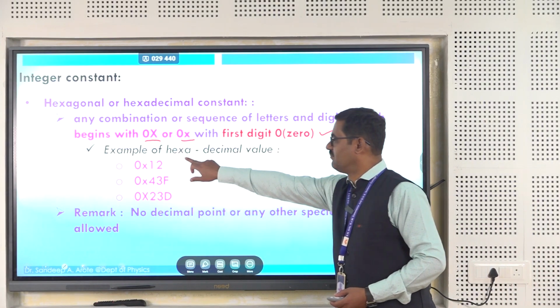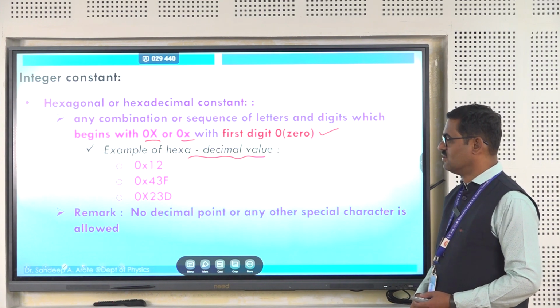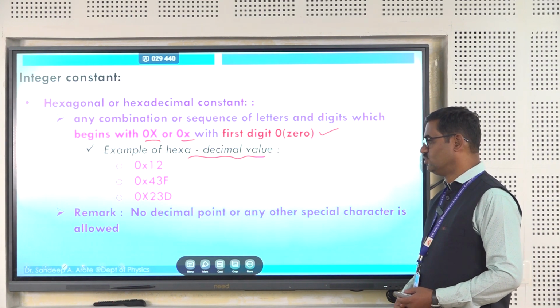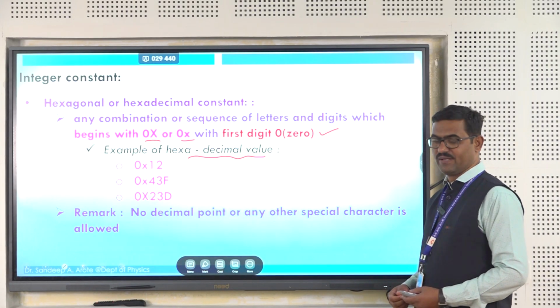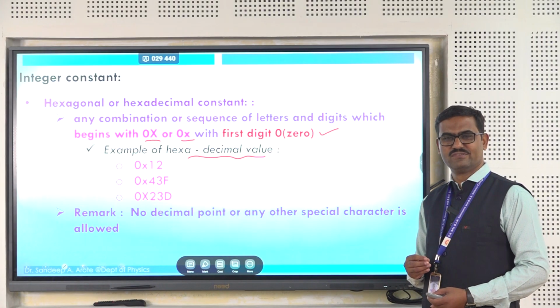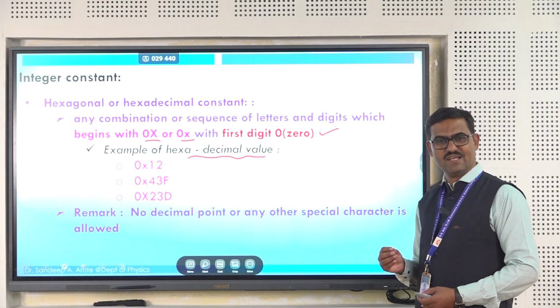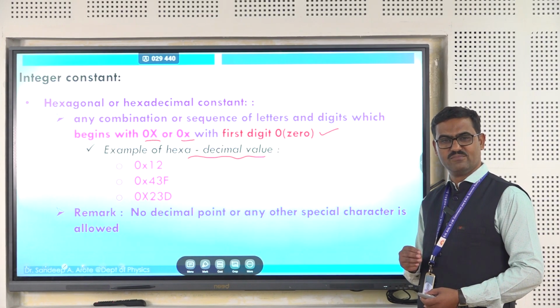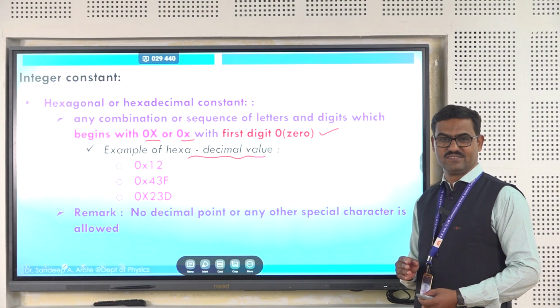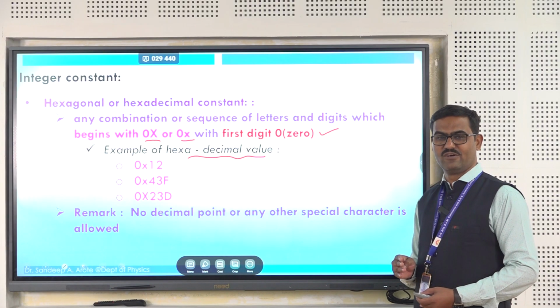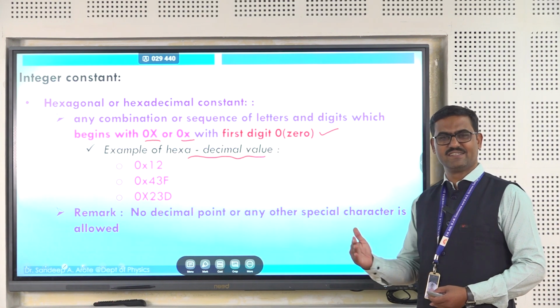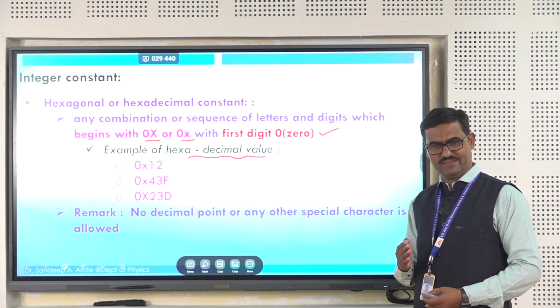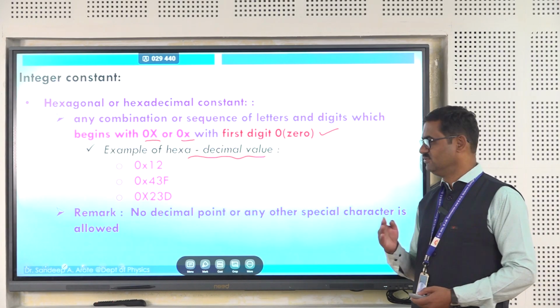Here are some valid examples of hexadecimal integer constant: 0x12 is valid, 0x43f is also valid, 0x23d is also valid. Remember, any combination of digits from 0 to 9 and any combination of letters from A to F, but the number must start with 0x. This is very important. Any hexadecimal number always starts with 0x, and beyond the second character you can have any combination of digits from 0 to 9 and letters from A to F.